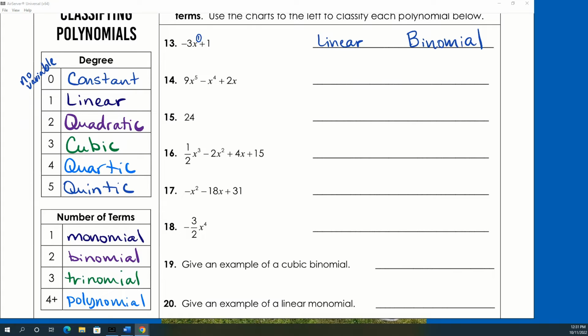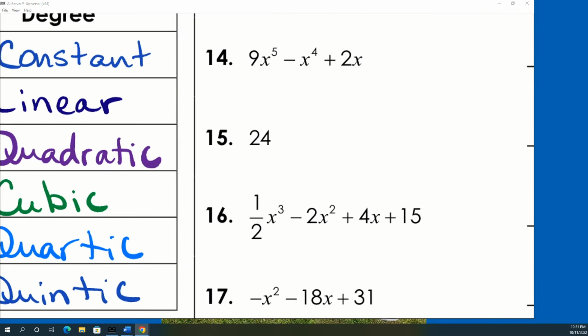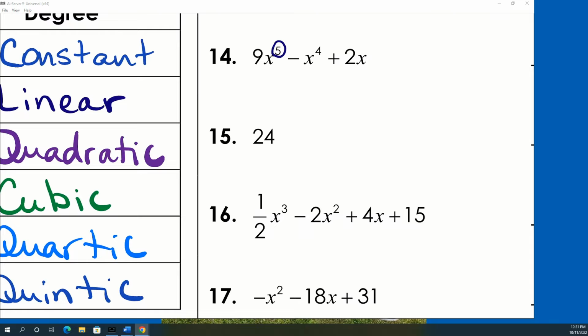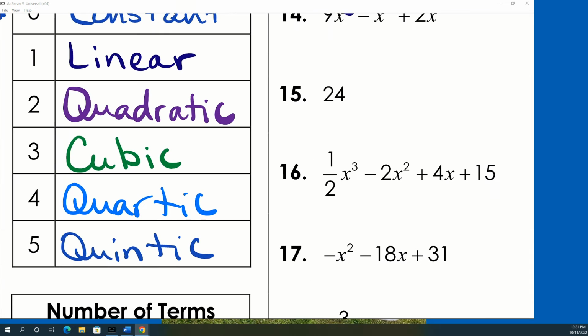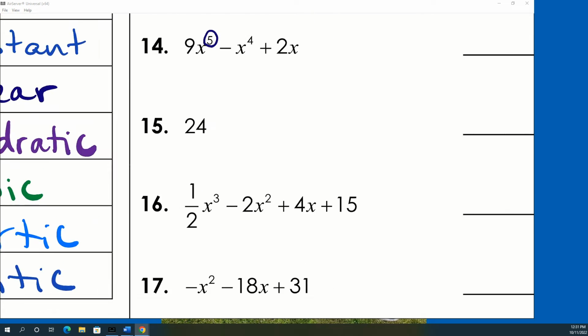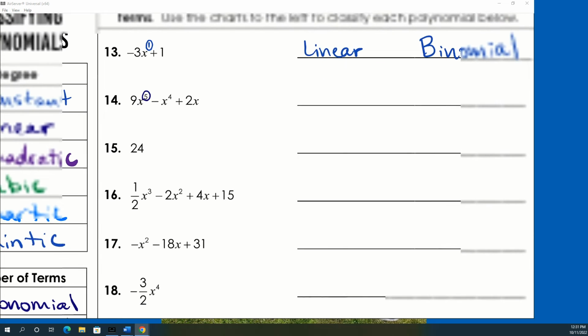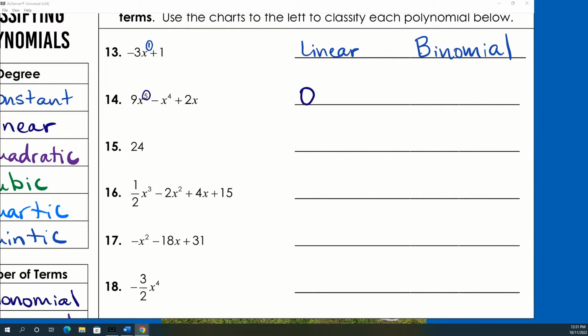All right. And then the degree is the largest exponent. So on 14, this is kind of small, the largest exponent is a 5. So it's going to be quintic. And then what do you guys think for the number of terms? Trinomial, good.